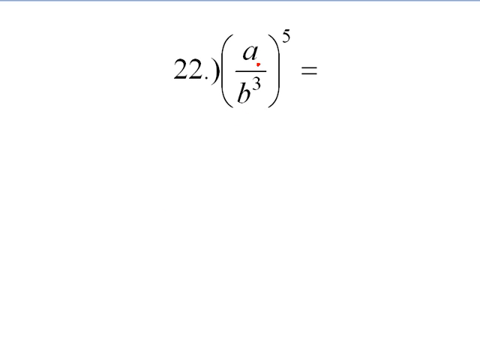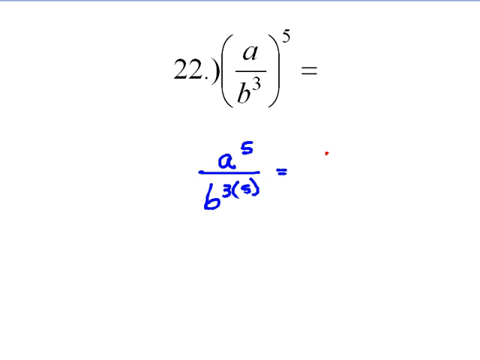Now we have a fraction raised to an exponent. Remember, we can distribute this exponent in, and that's what we're going to do. We're going to say a to the 5th over b. Now we've got an exponent raised to an exponent. We keep it in the denominator, but when we raise an exponent to an exponent, we multiply the exponents.